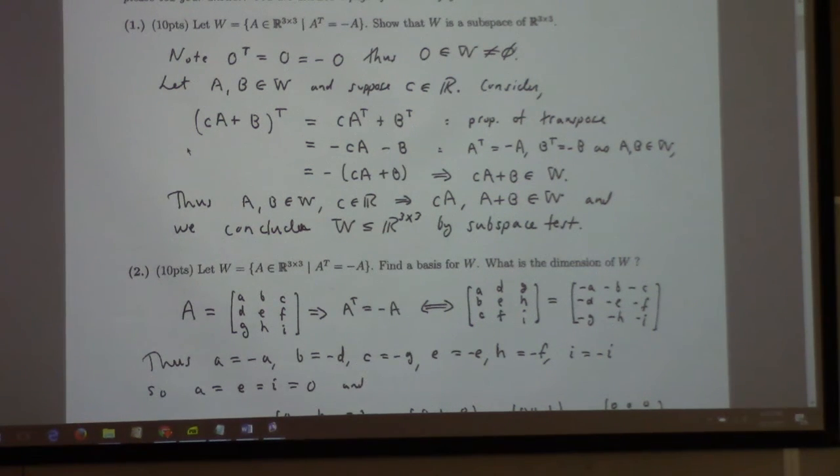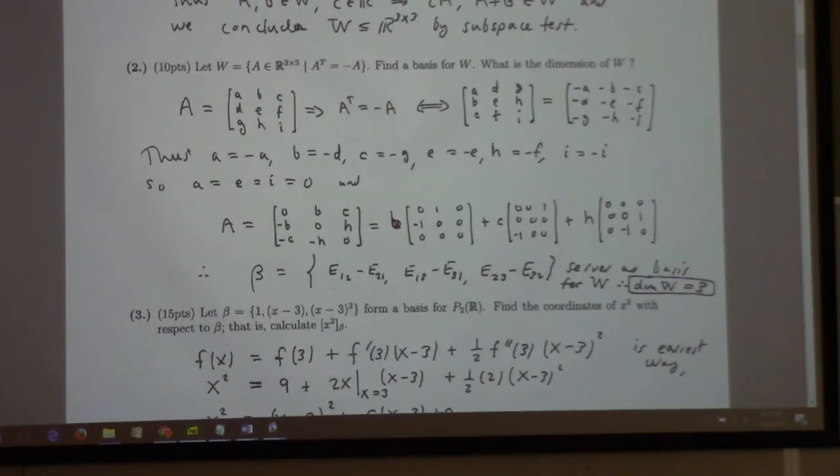I split these questions, right? So the way you do it, of course, is to pick an arbitrary element, which is A, B, C, D, E, F, G, H, I, and impose the condition for the space, which in this case is transpose equals minus the matrix. That gives you nice equations like A is minus A, E is minus E, I is minus I. In other words, A, E, and I are all 0.